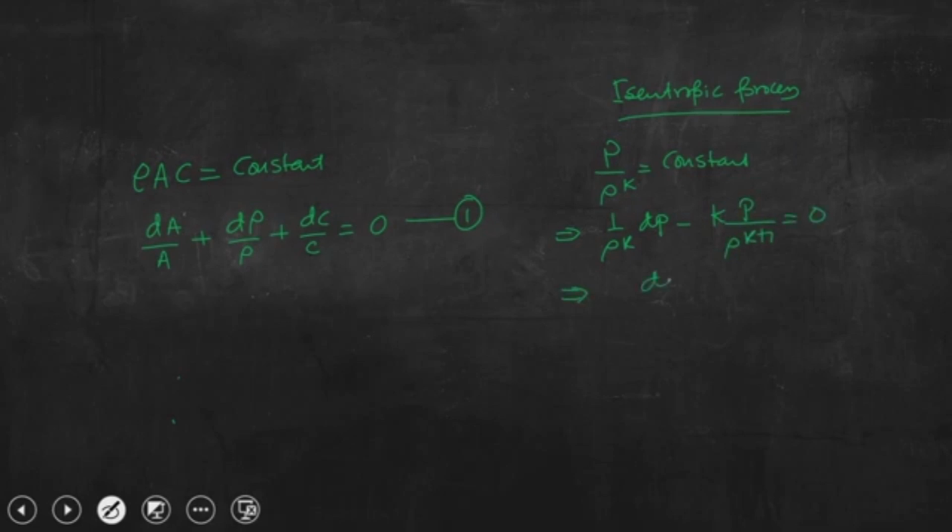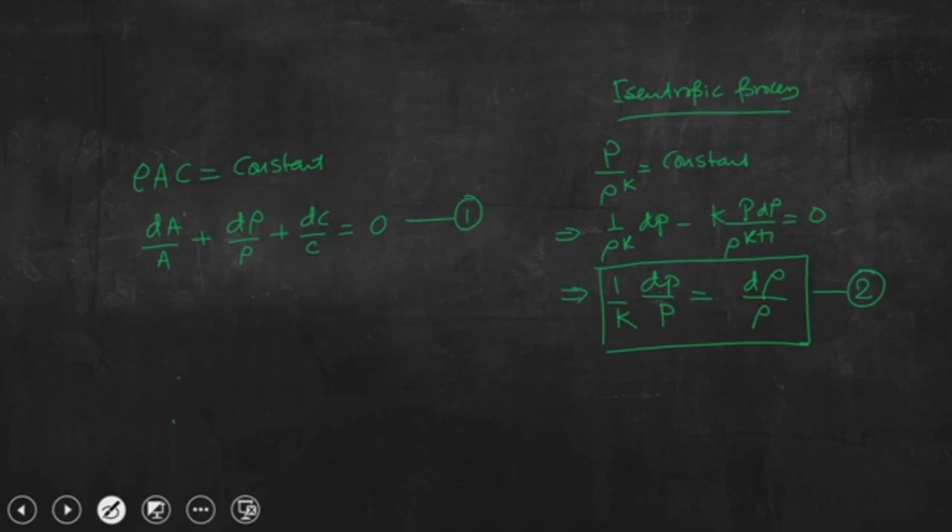So, we can write dp by p equal to k d rho by rho, that is, 1 by k dp by p equal to d rho by rho. That is another important equation. As I told you, our objective is to relate d rho by rho with some other known quantity. So, this is equation number 2.